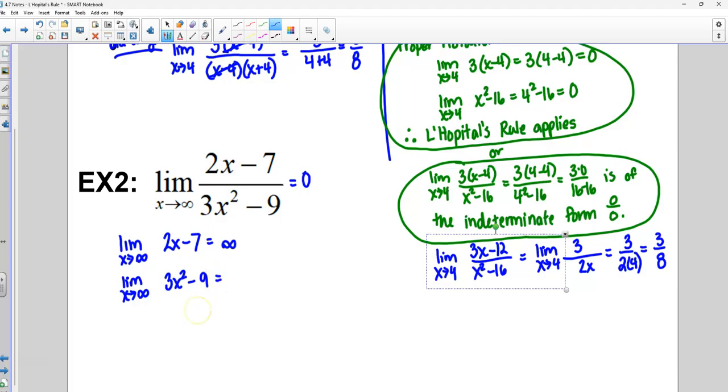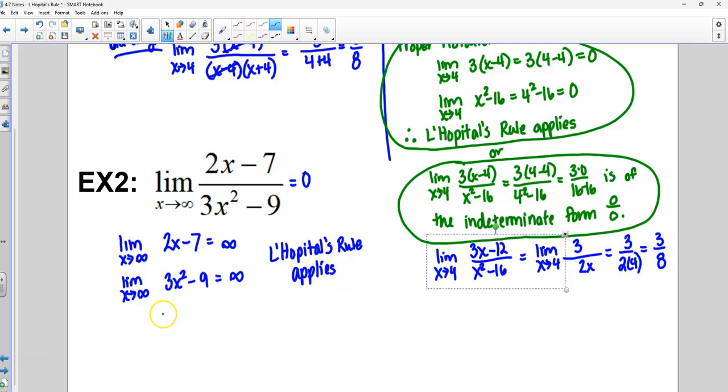What's going to happen if I plug infinity in here? Still infinity, because even if I subtract 9 from infinity, it's still infinity, right? So we're actually getting indeterminate form of infinity over infinity here, which they may give to you. But either way, L'Hopital's rule applies. Okay, that's the requirements if it is a FRQ.